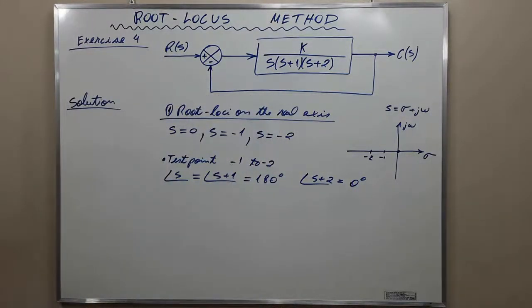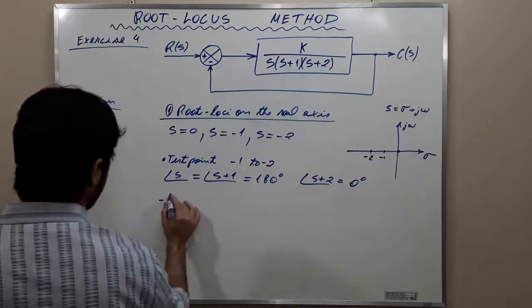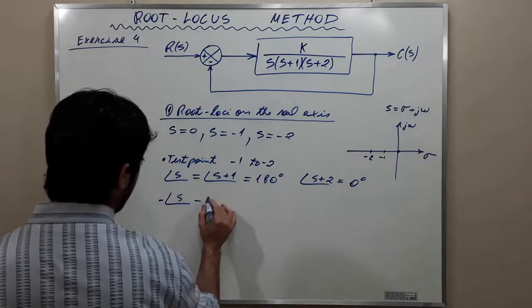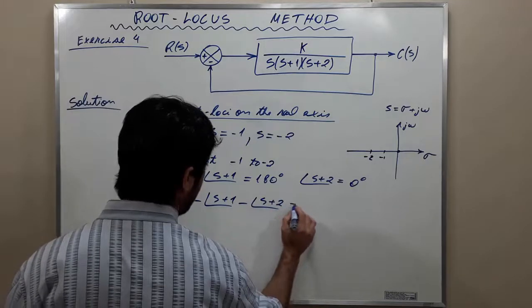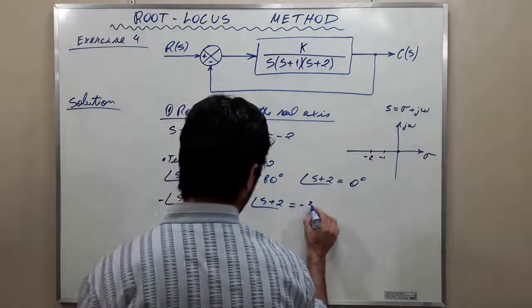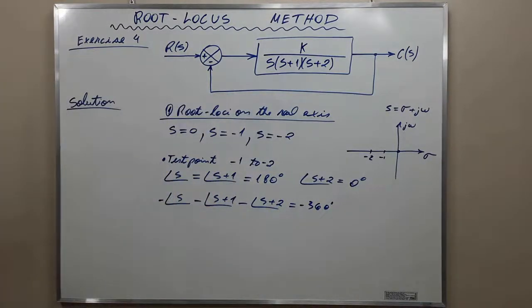What can we conclude from this? We conclude that the angle condition is not satisfied. Why? Because the negative of the angle of s minus the angle of s plus 1 minus the angle of s plus 2 will be equal to negative 360 degrees, and negative 360 degrees does not satisfy the angle condition.